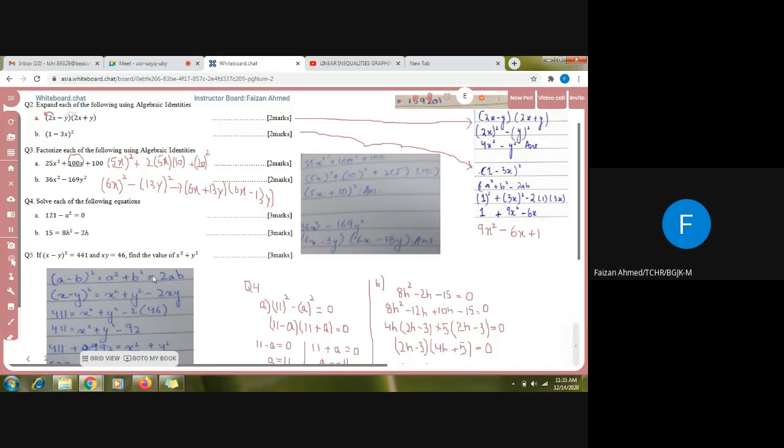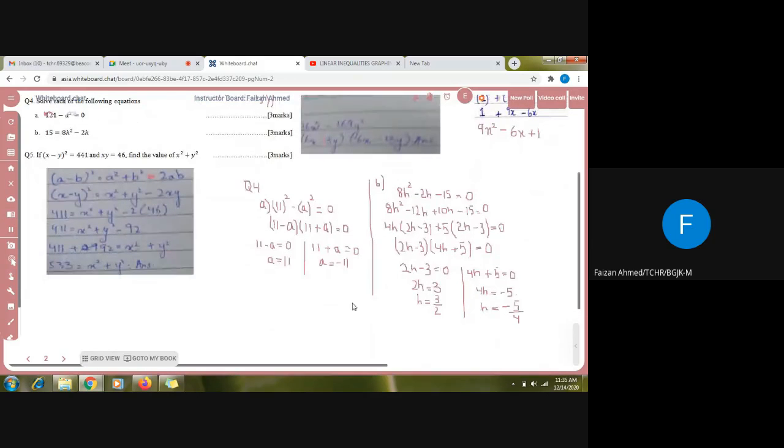This will be negative because I am using the negative identity, so this will be a negative sign. I will relate this identity by just changing the variables. x minus y whole square will be x square plus y square minus 2xy. Since I have been given the value of x minus y whole square, I will just write 441.